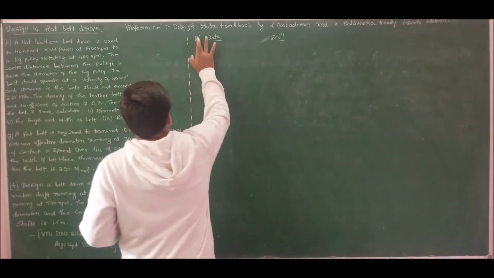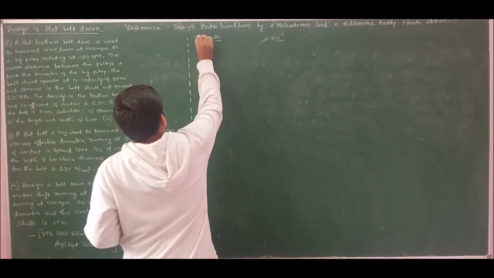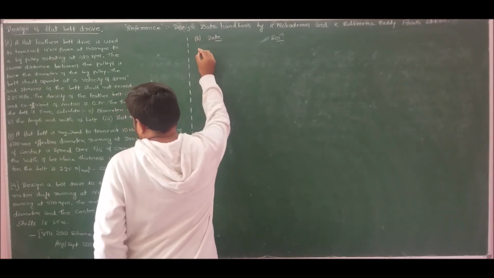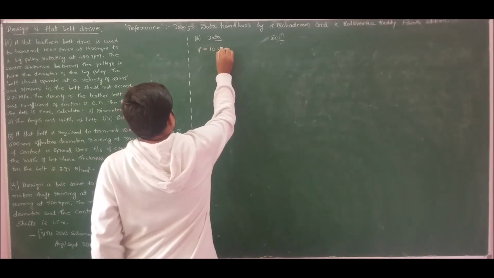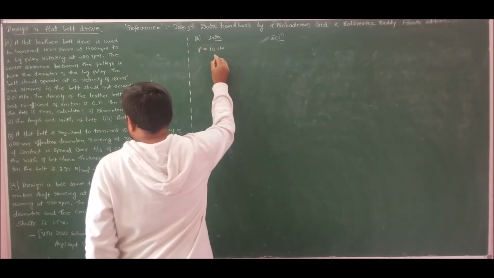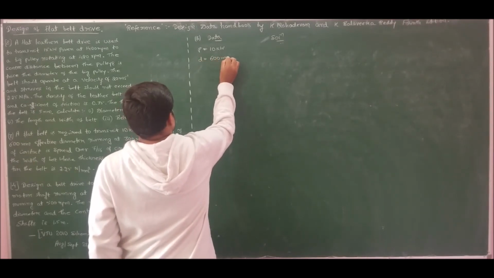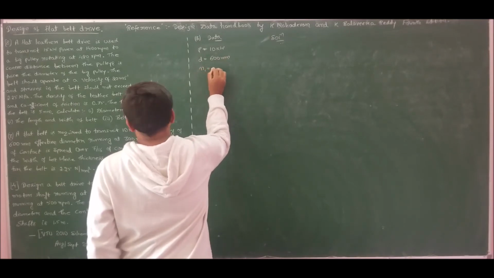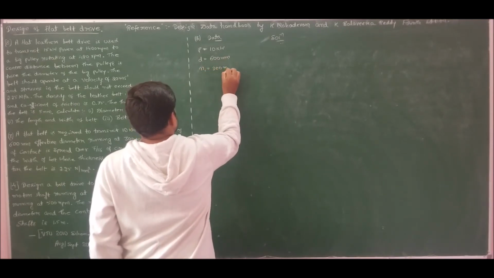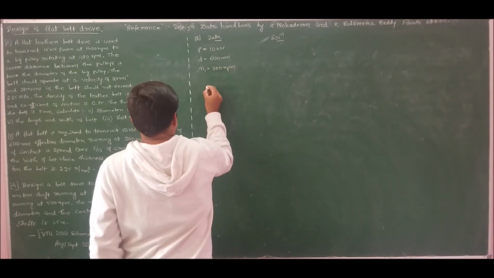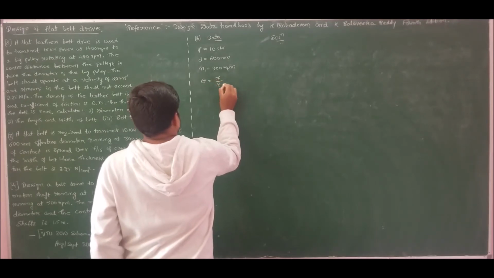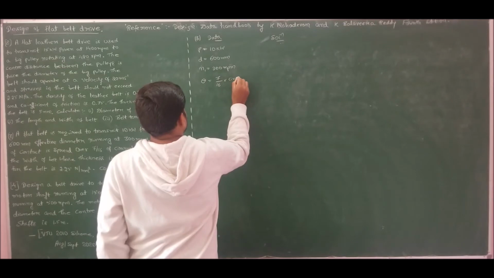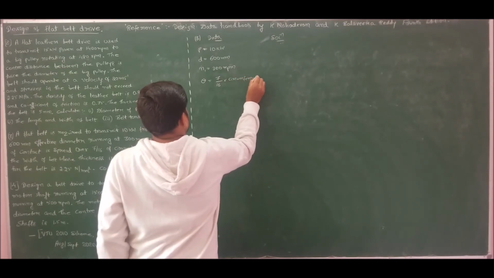So if I list out the data given for problem number 3 and analyze, the flat belt is required to transmit a power of 10 kilowatts from a pulley of diameter 600 mm, which is running at a speed n1 of 300 rpm. The angle of contact theta is equal to 7/16 of circumference.